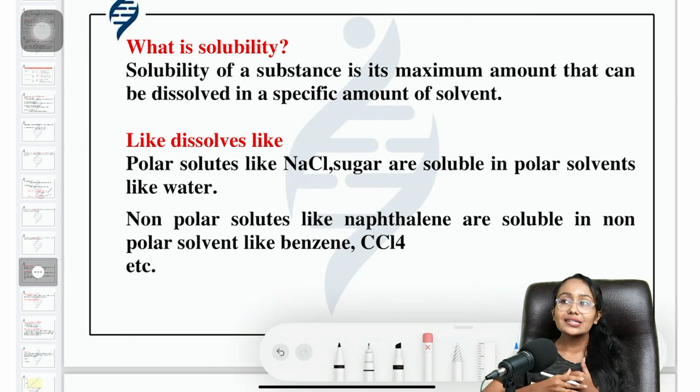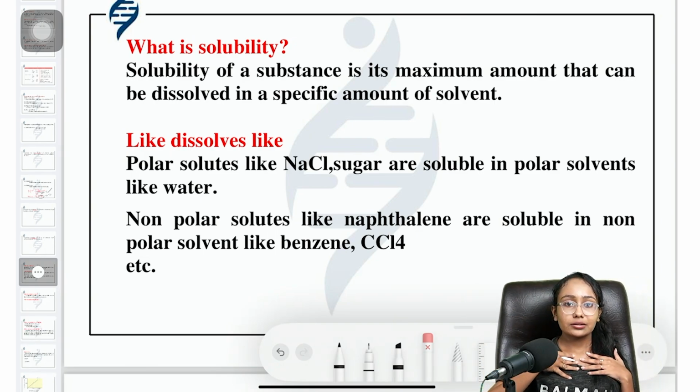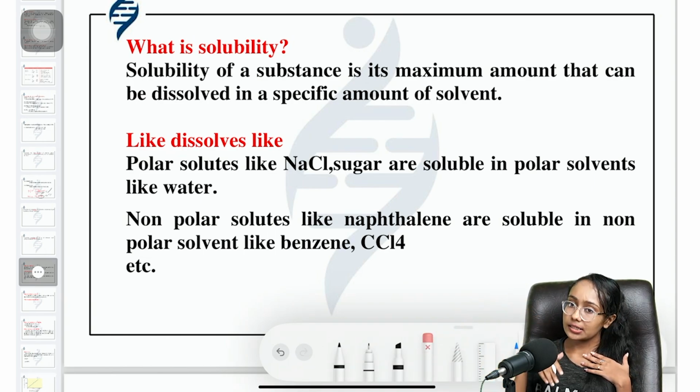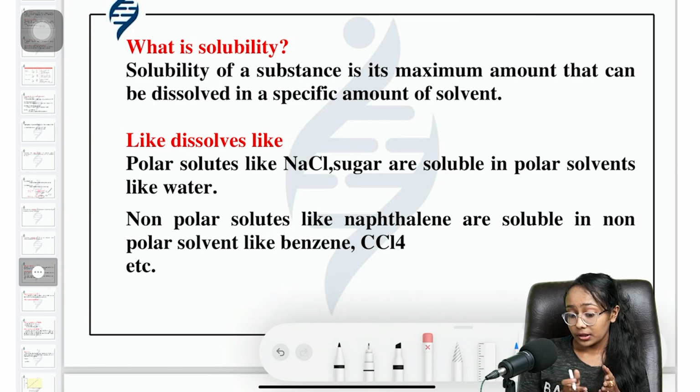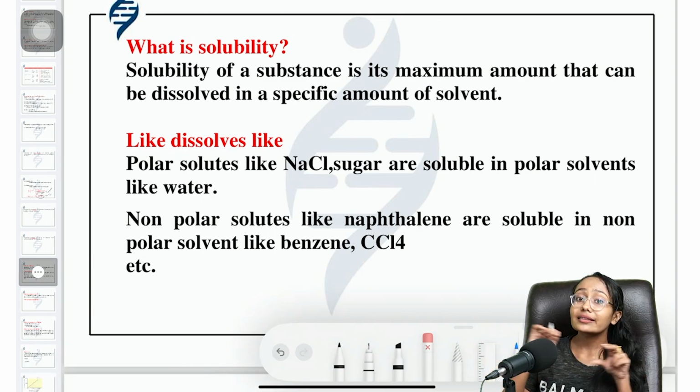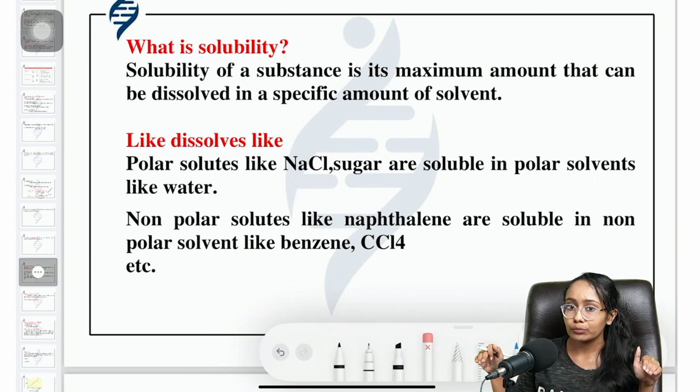What is my solubility? If I've ordered something and I started having it, and at some point I feel like, no, I can't have any more, from the initial stage of having food till the point I said no, I can't have any more, that is my solubility.